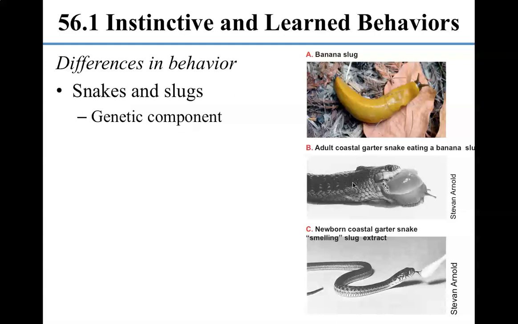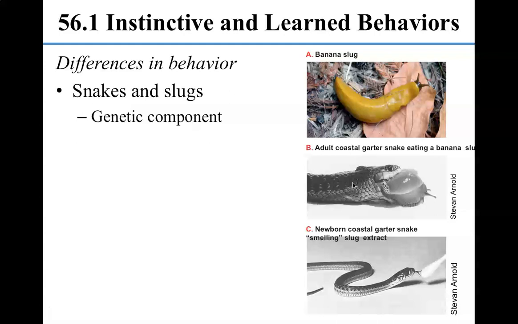When they smelled the cotton swab with the banana slug juices on it, they would open their mouth and flick their tongue, and they would even try to take bites out of it. But the snakes that were captured from inland, where there aren't banana slugs, when they were exposed to the cotton swab with the banana slug smells, didn't open their mouth or flick their tongue. So there is a genetic component to this feeding behavior.